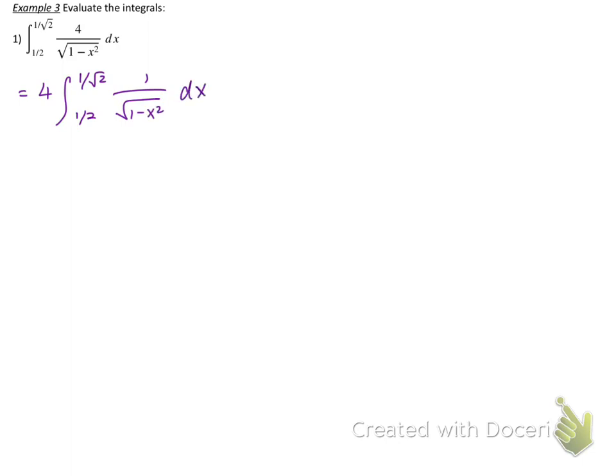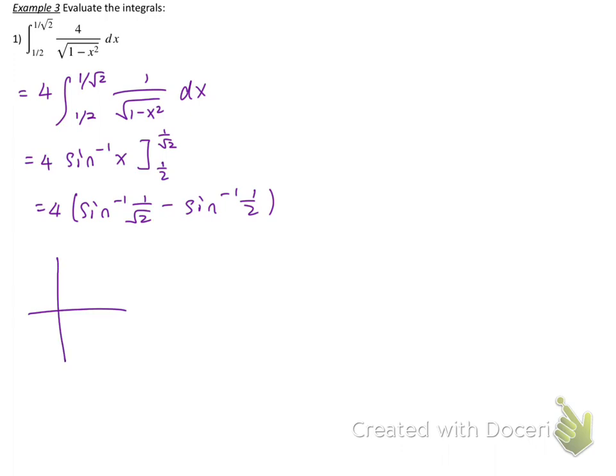That is formula ready, so this is sine inverse, evaluated from 1 over 2 to 1 over square root of 2. So it's 4 times sine inverse of 1 over square root of 2 minus sine inverse of 1/2.